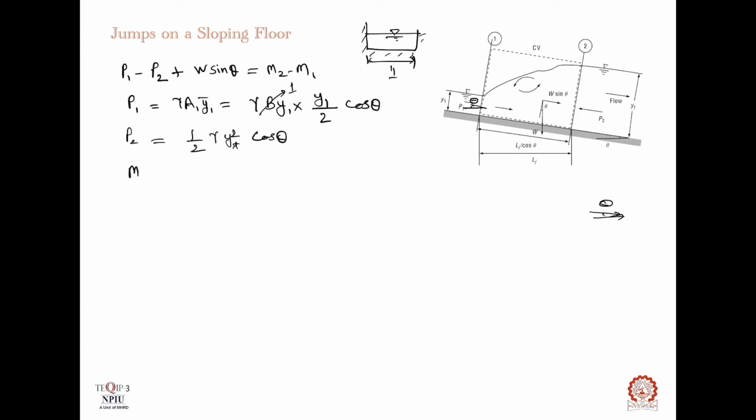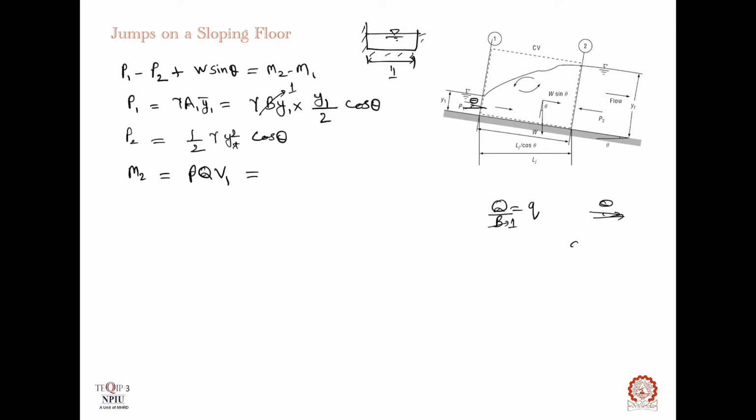And M2 is rho Q V1. Since the width of the channel we are considering here is unity, capital Q will be equal to small q, because small q is equal to capital Q upon B and B is 1.